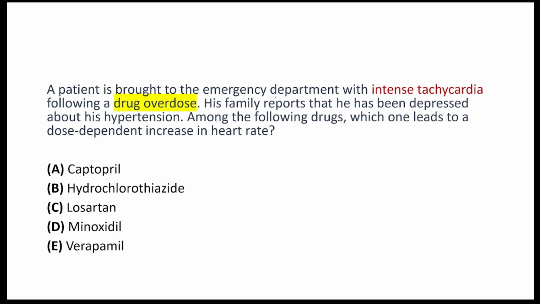A patient is brought to the emergency department with intense tachycardia following a drug overdose. His family reports that he has been depressed about his hypertension. Among the following drugs, which may lead to a dose-dependent increased heart rate?